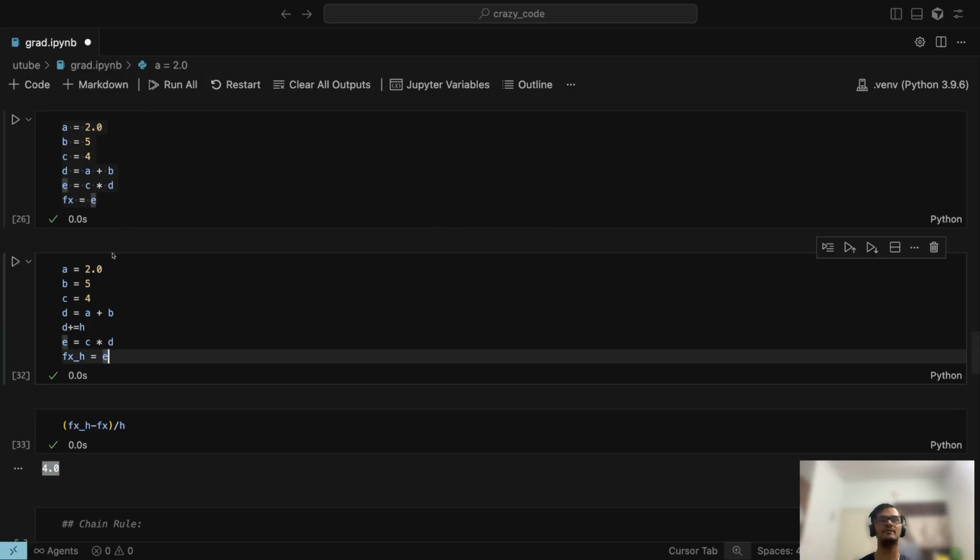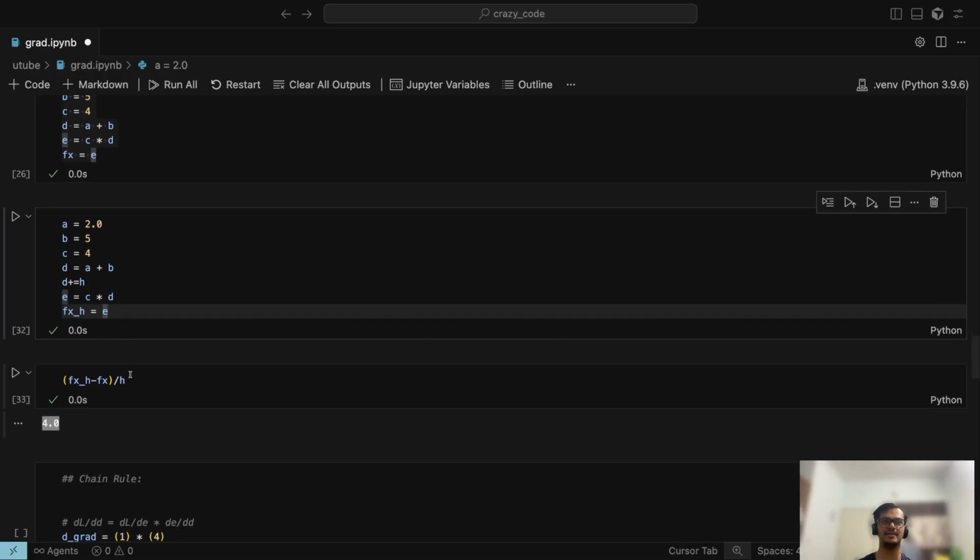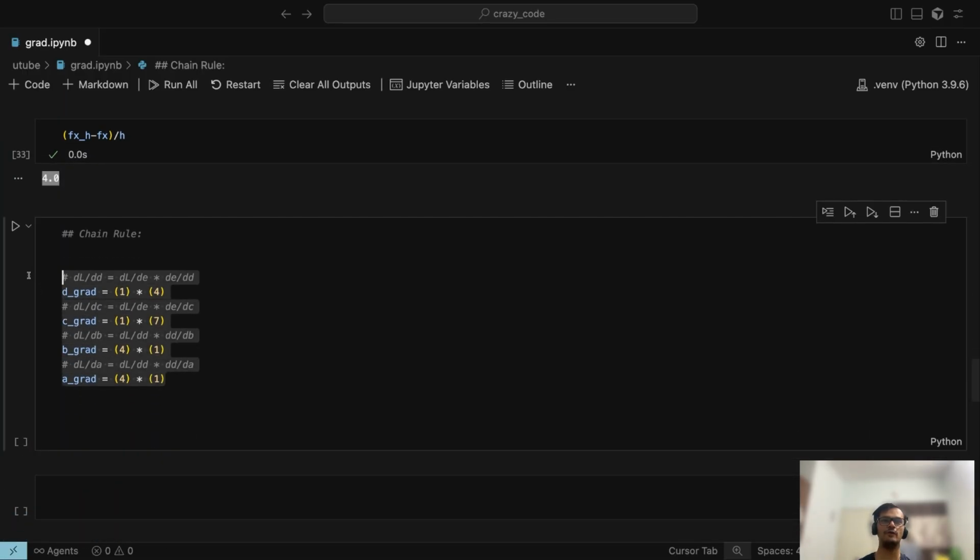The problem with this is that to calculate the gradient for each of the variables with respect to the loss, we have to again do a forward pass, or calculate these equations. Now in neural networks there are lots of neurons, so it gets very computation heavy to calculate gradients like this. So this is how we do it in one shot. We do one forward pass, and then the backward computation.